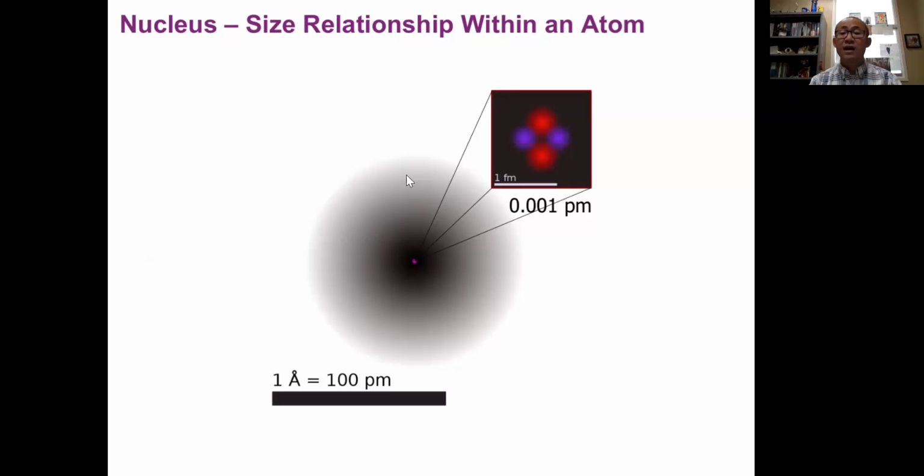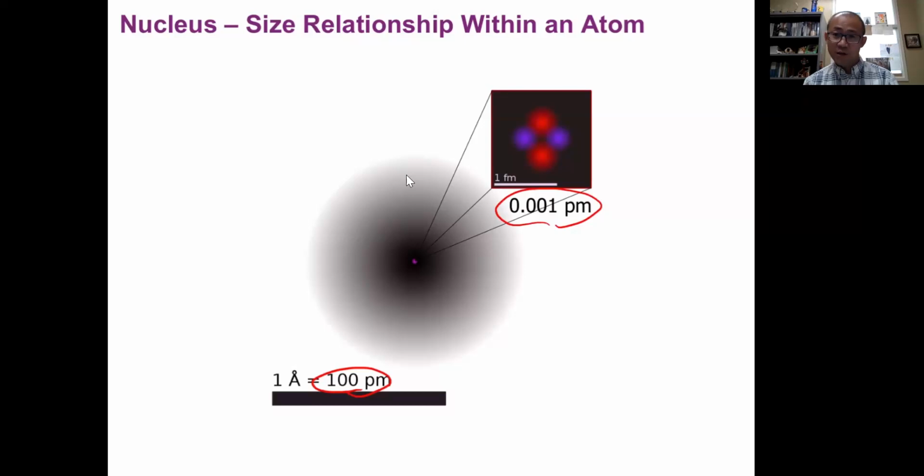As you can see in this picture, the size of the atom is around 100 picometers, or 10 to the negative 10th meter, and the size of the nucleus is 0.001 picometer. So the difference is almost 10,000 times in size.